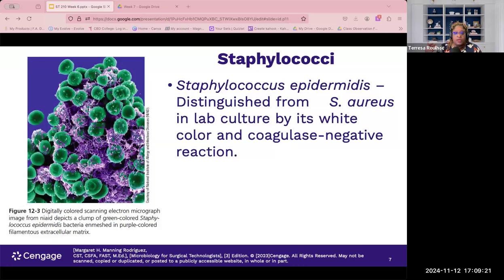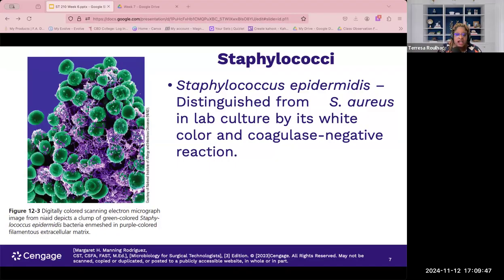Now, Staphylococcus species in healthcare settings is one that we talk about a lot. We have Staphylococcus epidermidis. This is characterized by a coagulase negative, meaning it appears white in lab cultures. It commonly resides on our skin and in our nasal passages as part of our normal flora, okay? Just normal.